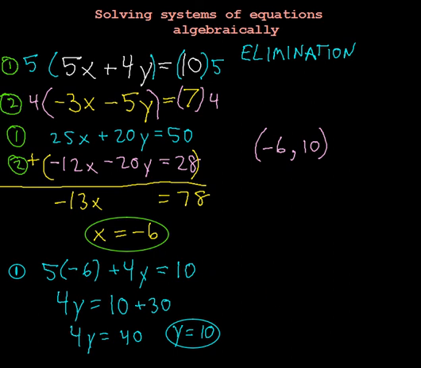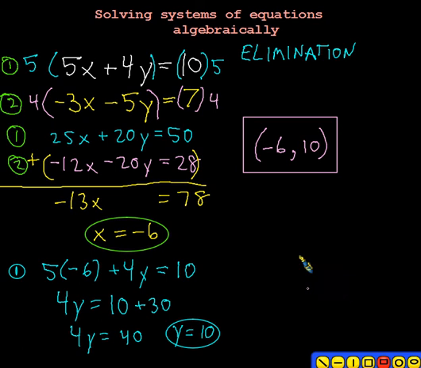This is legitimately the final answer to my problem. I've got my x and my y, and that is the point where these two lines cross if I went to graph them. So we'll look at a couple other examples, but I just wanted to get you started with this.